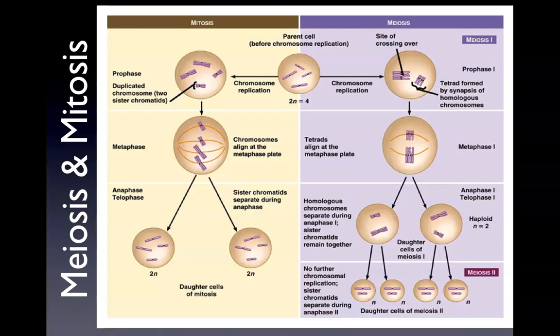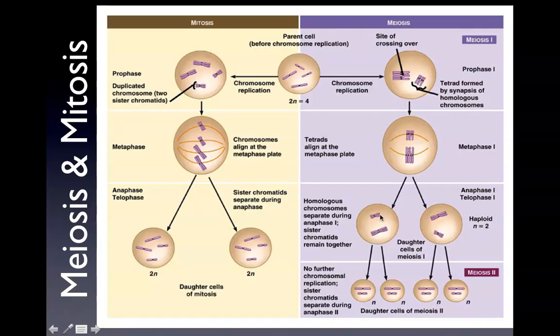Here we want to keep that information the same and keep it together. All right, so that when we get to metaphase 1, it's the homologous chromosomes, those tetrads that line up, not just a single chromosome. All right, we go through anaphase 1, telophase 1, cytokinesis 1, and it's going to be those tetrads that split. So one half goes one way, the other half goes the other, but those sister chromatids stay together.